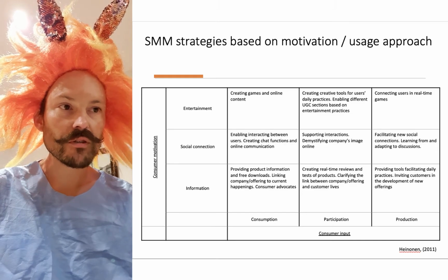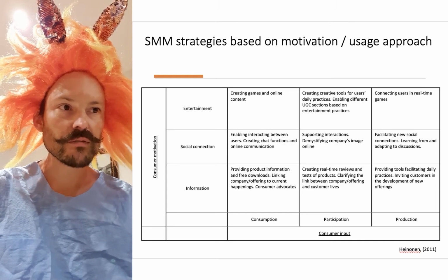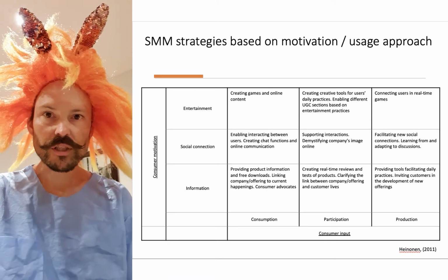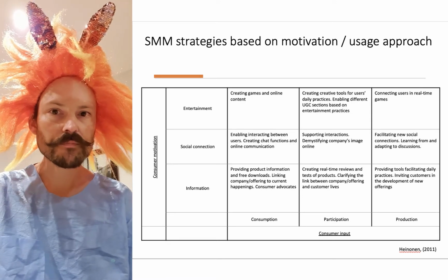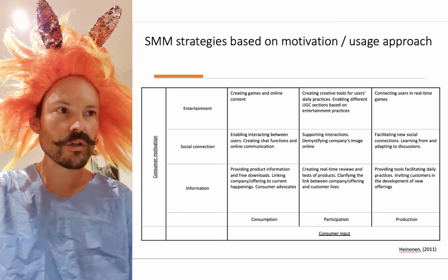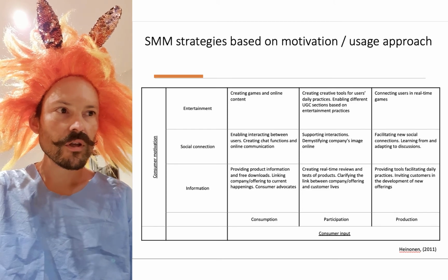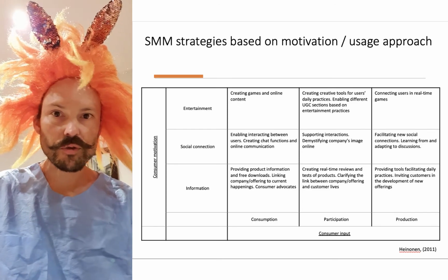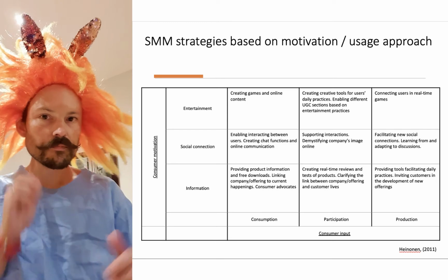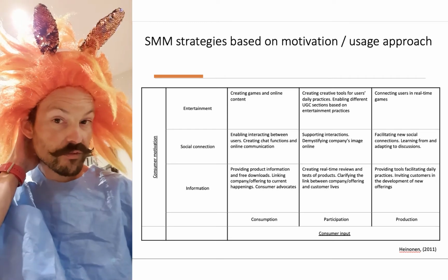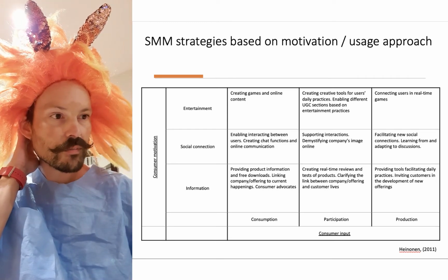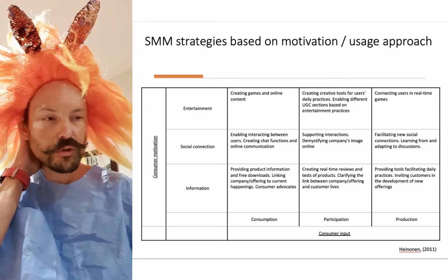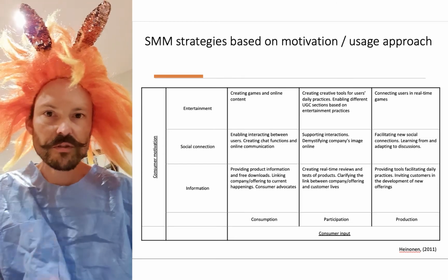Those that are into entertainment will then be about creating games or online content that can be consumed purely for entertainment purposes. And then this goes further up to the more complex behaviors where consumers are into participation and production, further over to the other side of the matrix there as well.